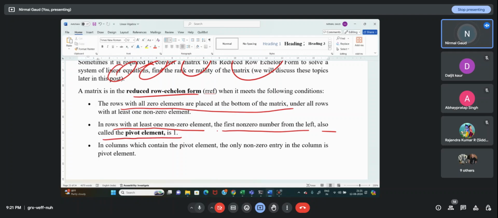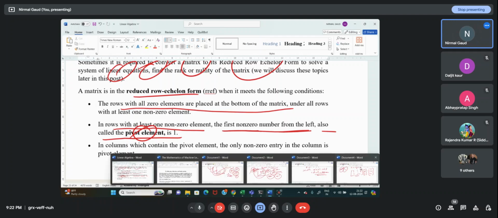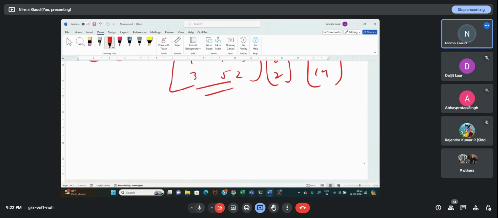The rows with at least one non-zero element, that means it is not zero. In a row, the first non-zero number from the left is also called the pivot element. So if you have something like this: A, B, C, 0, D, E, 0, 0, F. What is this F?